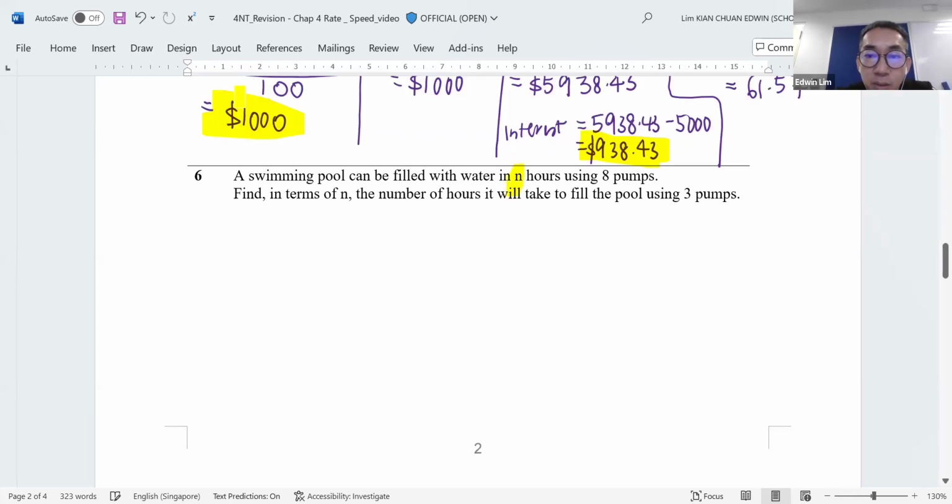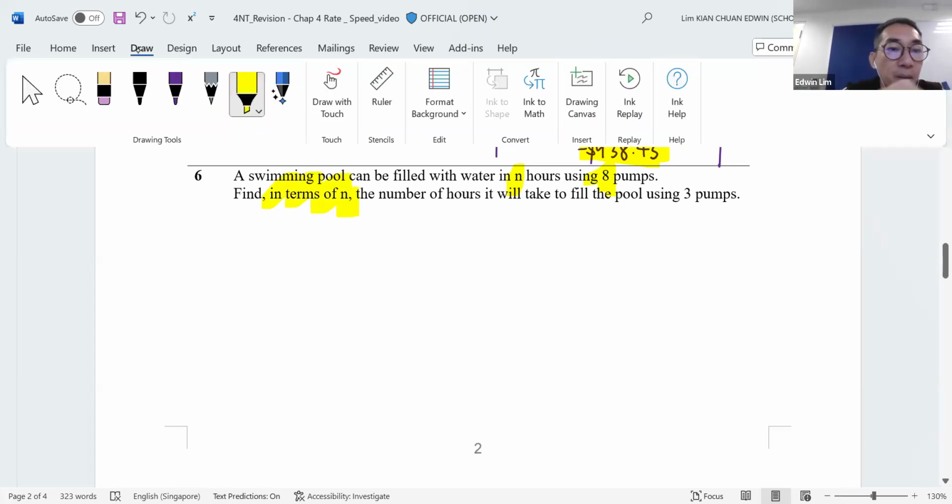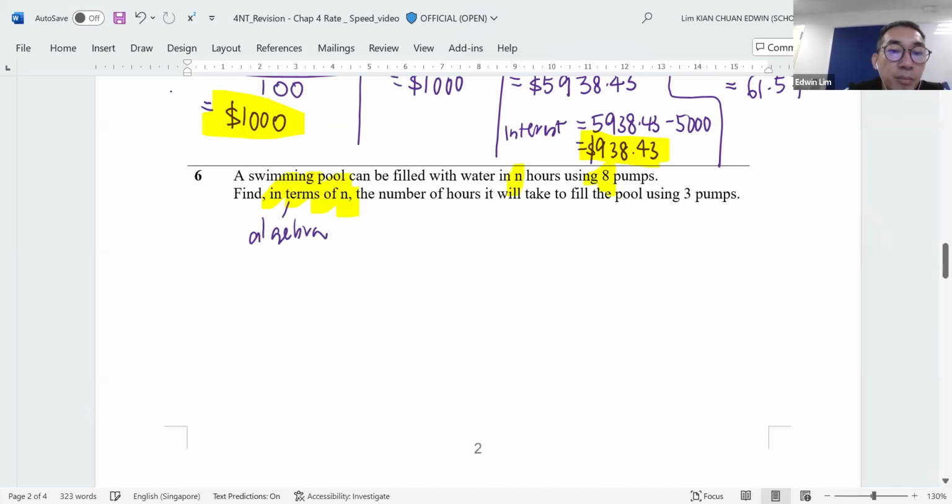Find in terms of n, meaning we are talking about a bit of algebra here, how many hours would it take to fill the pool using 3 pumps?